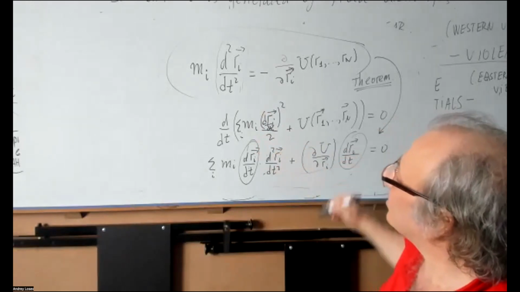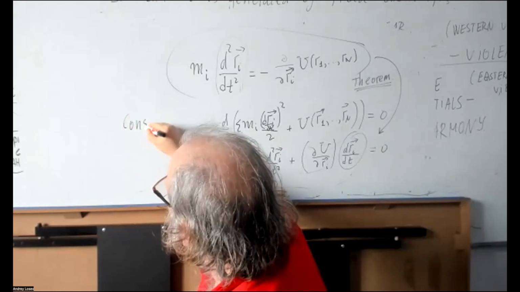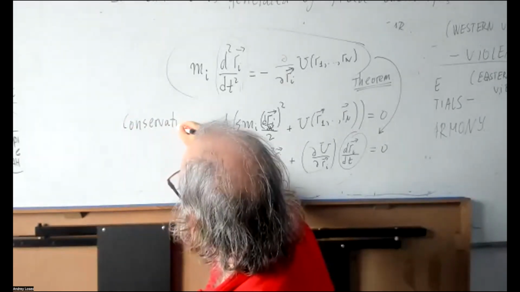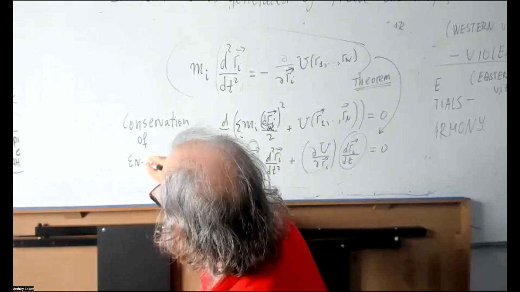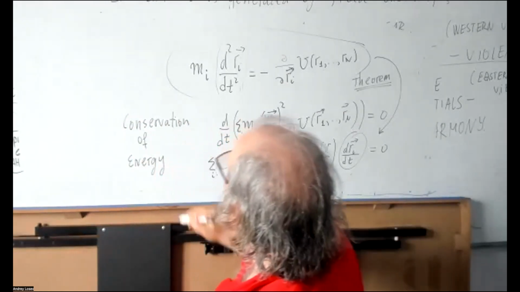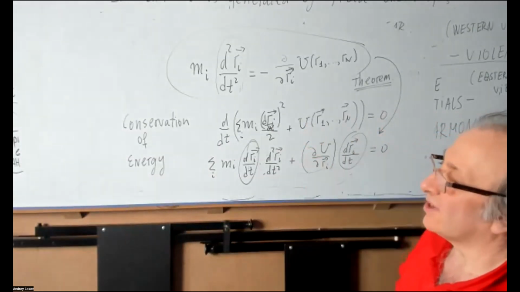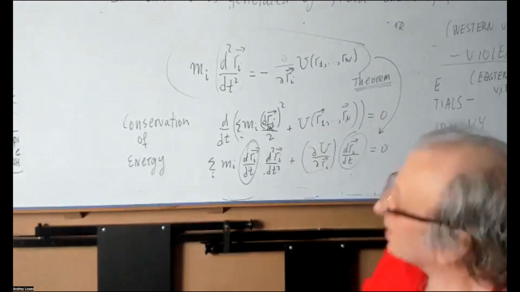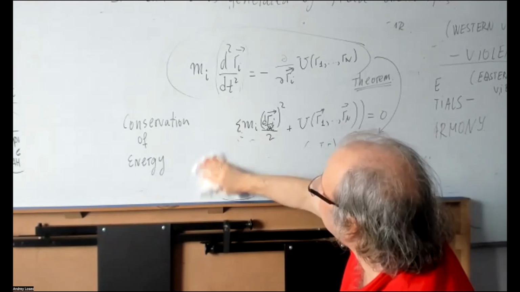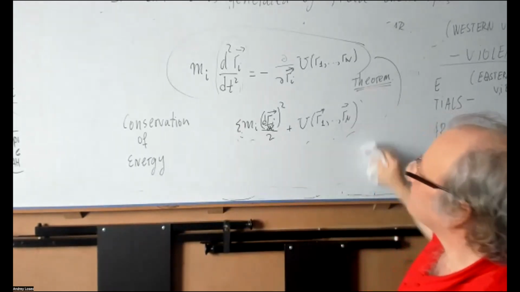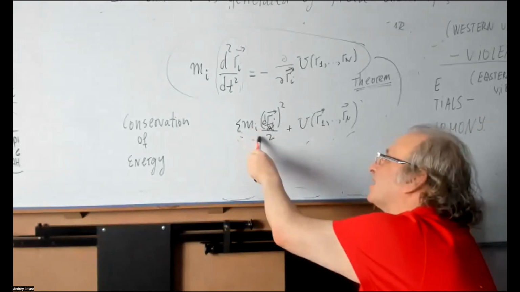And such a two-line calculation is called conservation of energy. And this object is called energy. So this object is the sum of two terms.